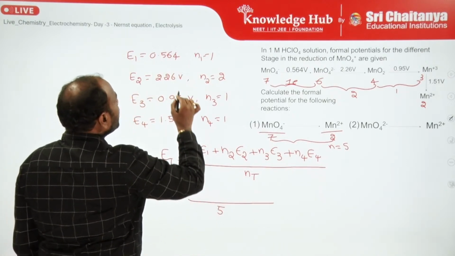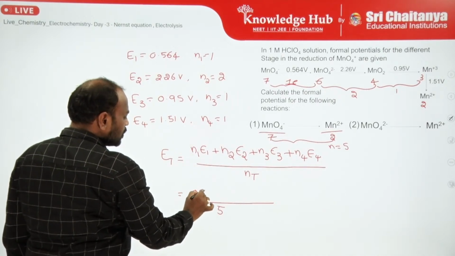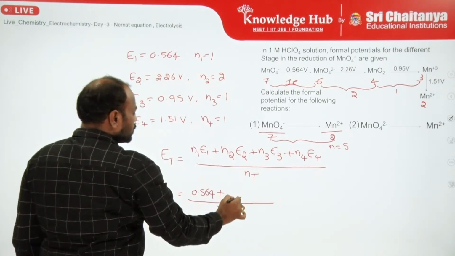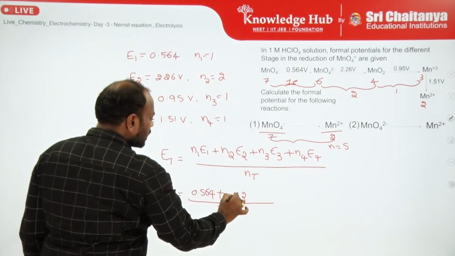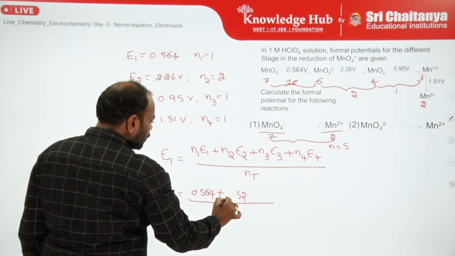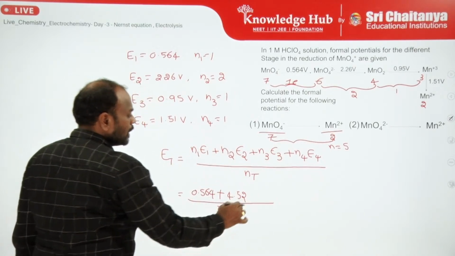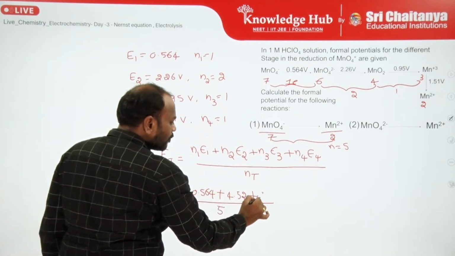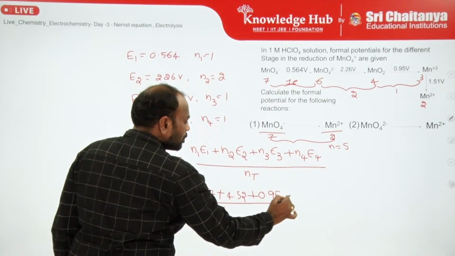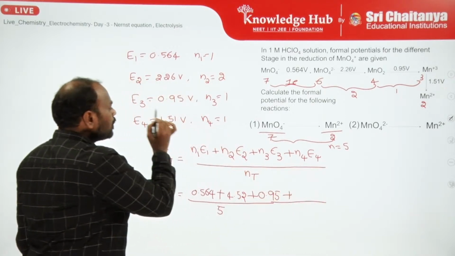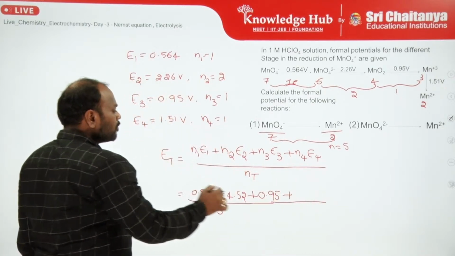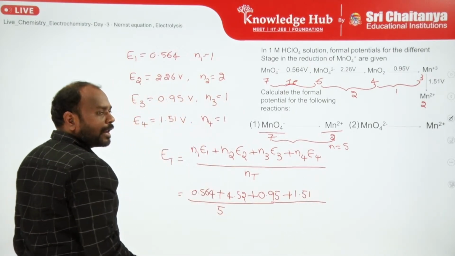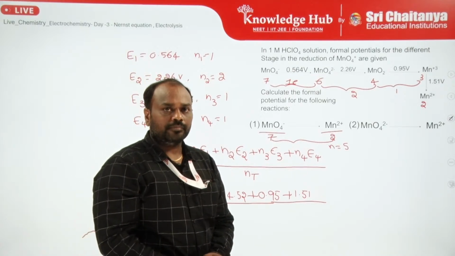N1E1, 1 into 0.564, that is 0.564, plus 2 into this one, 2 sixes are 12, 2 twos are 4, plus 1, 5, again 2 twos are 4, 4.52, plus N3E3, what's the value? 0.95, plus N4E4, N4E4 value 1.51 into 1. So by calculating this you get the answer.